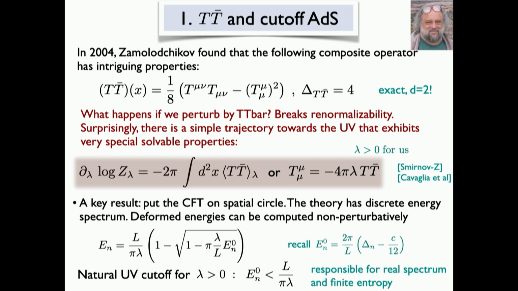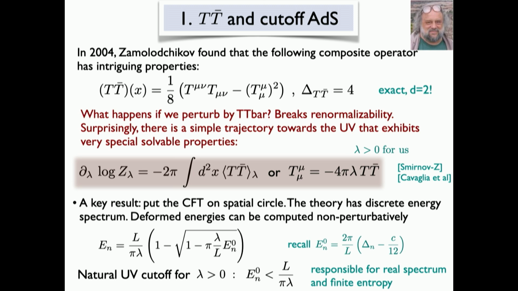So from these works a few years ago, a key result was that if we put a CFT on a spatial circle, a circle of length L, then it's possible to compute non-perturbatively the deformed energy spectrum. Okay? So essentially, we are given some set of energy levels associated to the CFT that are determined by the standard formula. So the energy levels in the CFT are related to the conformal dimensions delta, the length of the circle, and the central charge c.